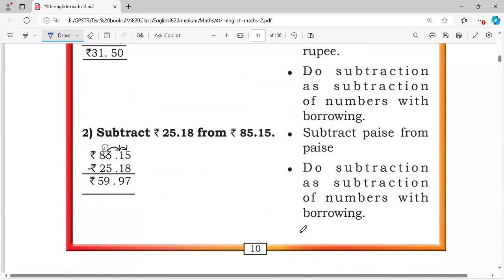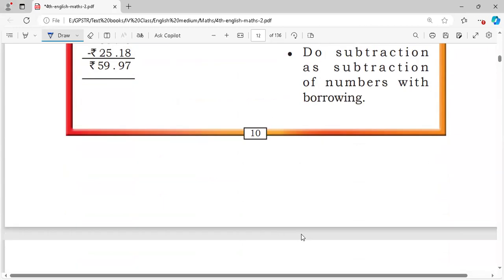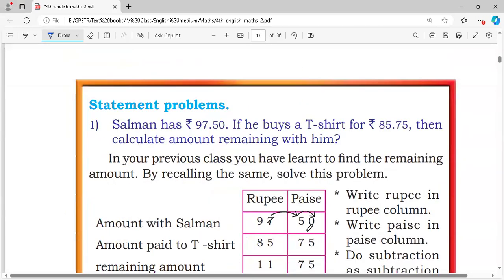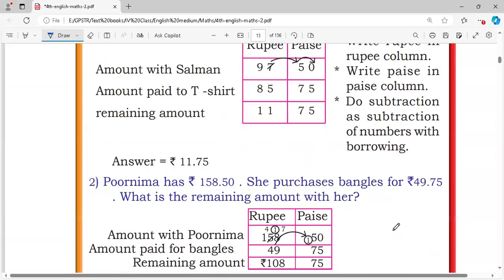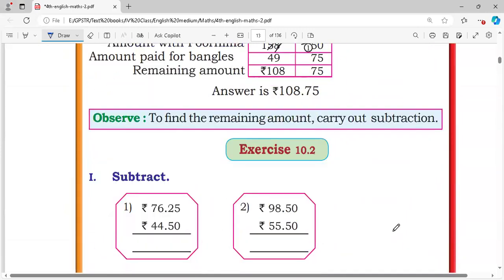As given in the examples. Statement based problem. Observe. To find the remaining amount, carry out subtraction.